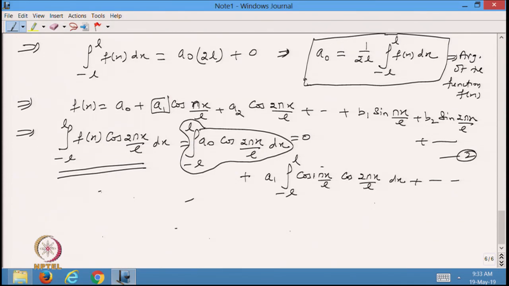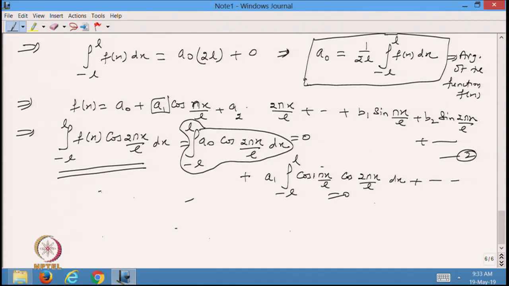So, this value will be 0 in all the cases, except if I multiply the whole series with the cos(2 pi x), then everything will be 0, except I will get A2.